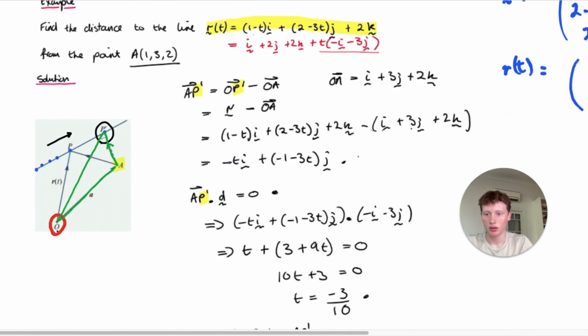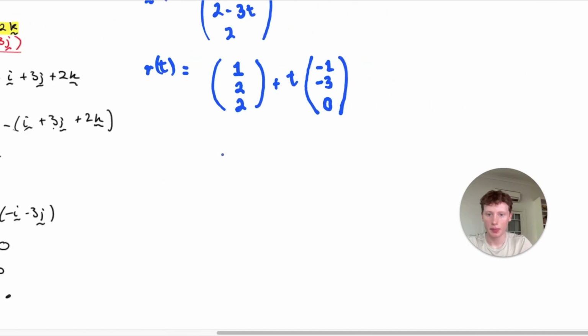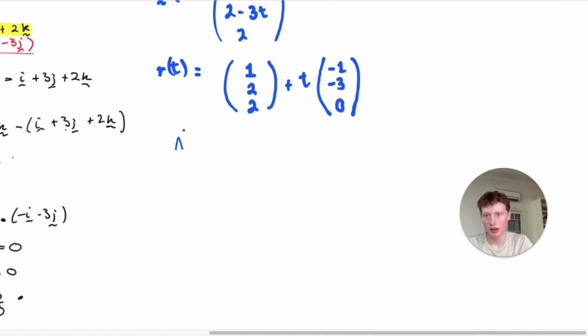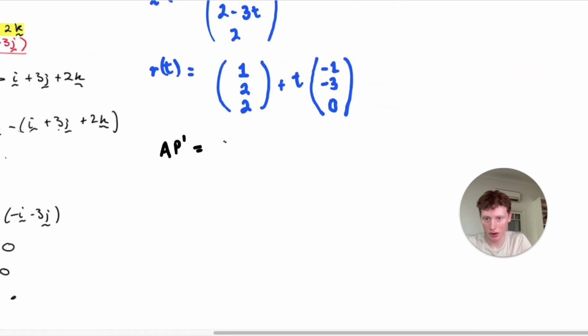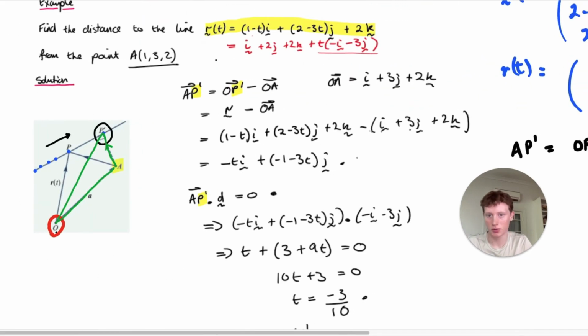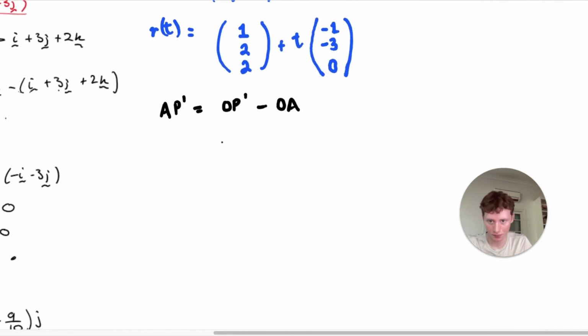So we want to find, yeah, a to p. So a to p, and I will write it as a to p prime here, and I'll do it in a different color. So a to p prime, which is our ideal point in the line that's perpendicular, is going to equal final minus initial, so op prime minus oa, and again we have to relate everything back to the origin because that's what our vector reference is in relation to.